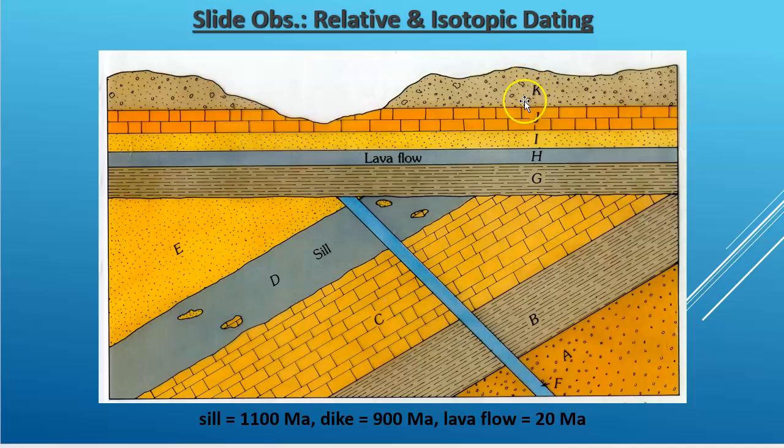But then I do know that these three layers have to be younger than 20 million. So that's a pretty good story now that I have both of these techniques, right? I have this relative and absolute combined together can tell us a really accurate story. And then when we learn about said rocks, we learn about what type of environment existed here.